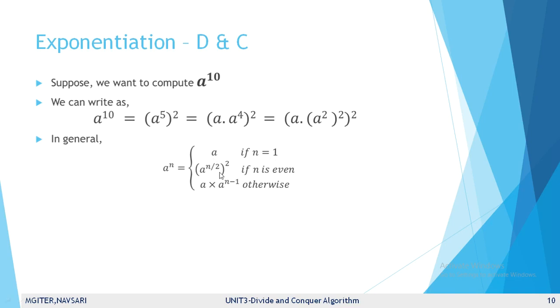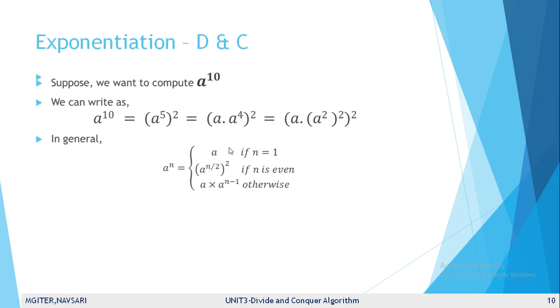If n is even, then we reduce it to a raised to n by 2, squared. If n is odd, then a into a raised to n minus 1. Here a raised to 5 we write as a into a raised to 4, since 5 minus 1 is 4.